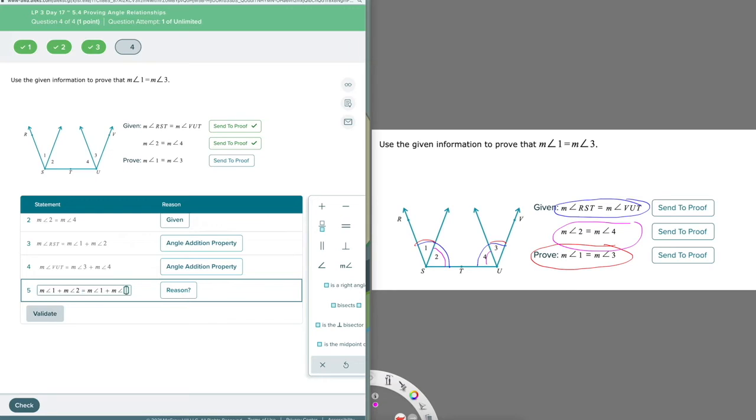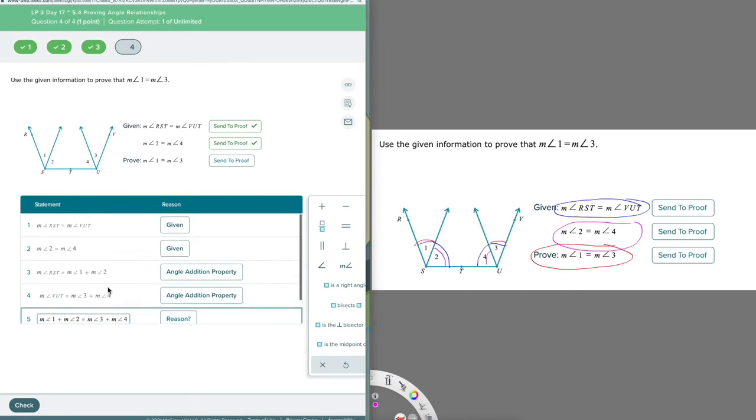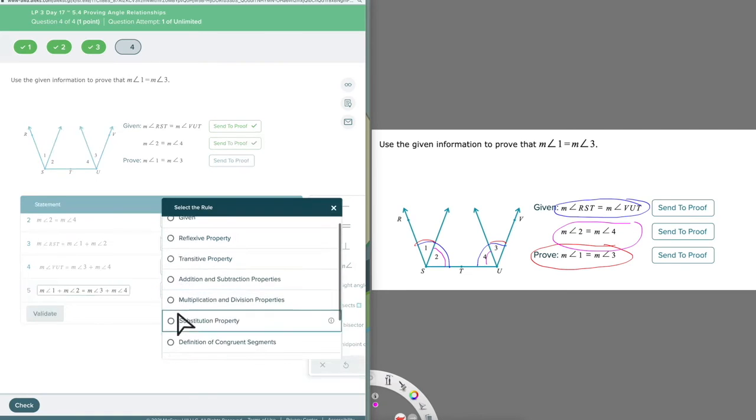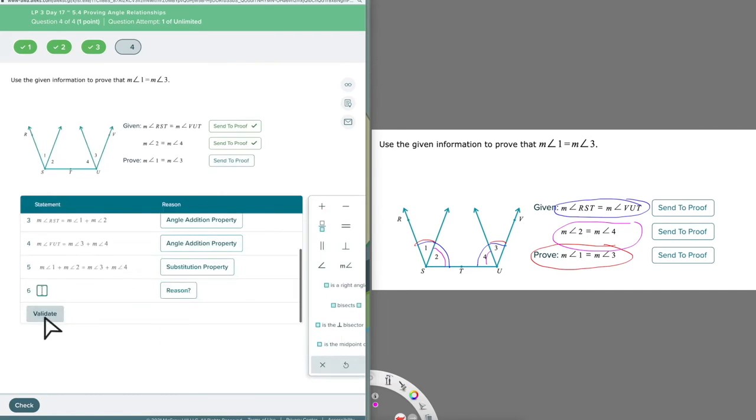I copied and pasted so I don't have to click so many buttons. I know RST equals 1 and 2, so I replaced it. I know VUT equals 3 and 4, so again, I just replaced it. I'm substituting those together. So now I've got some of the pieces I want.